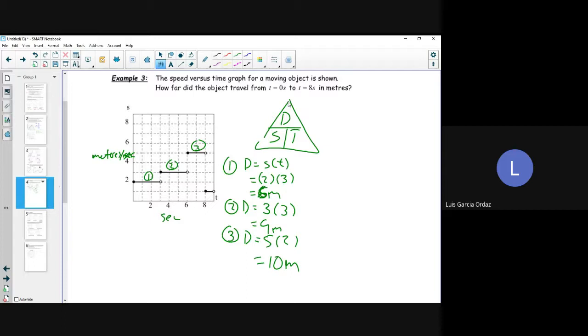So why don't we count the last little line over here? Why does from 8 and onwards not count?